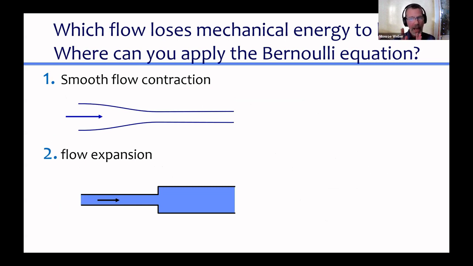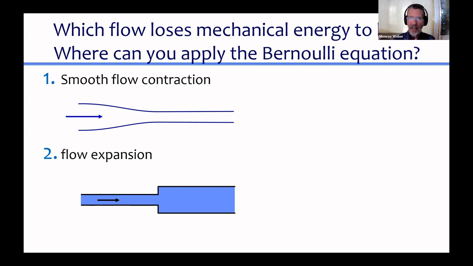Okay, so now we have 2 places where flow is going to go through a change in geometry. In one case, it's a smooth flow contraction, and in the other case, it's an expansion where the pipe gets bigger.